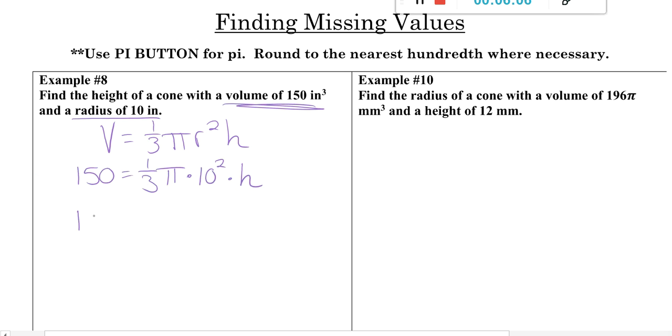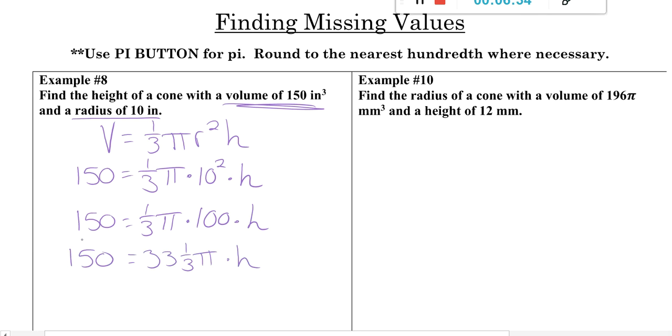So to simplify, I have 150 equals 1/3 pi times 100 times height. And if I were to multiply 100 times 1/3, I get 33 1/3 times pi times h equals 150.